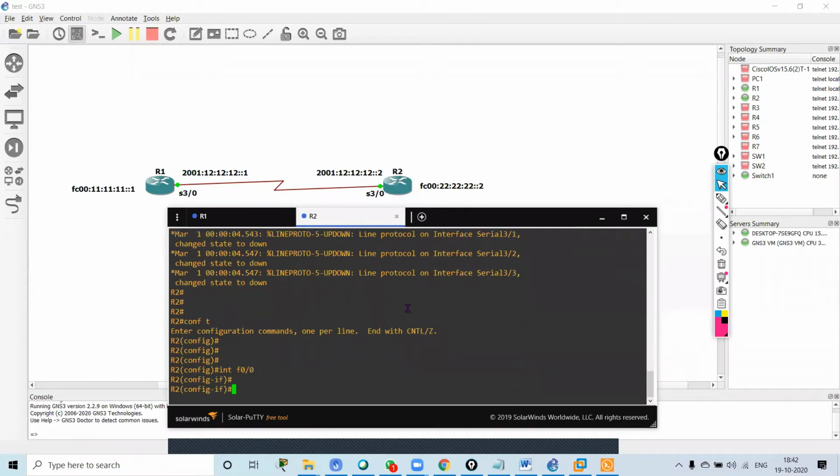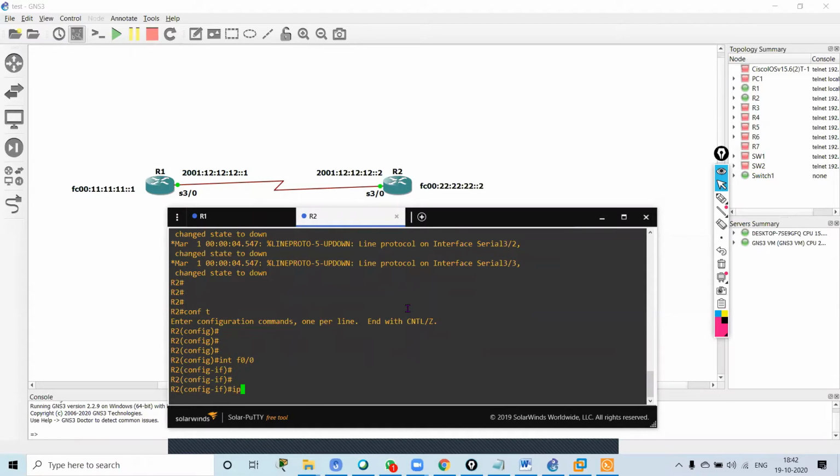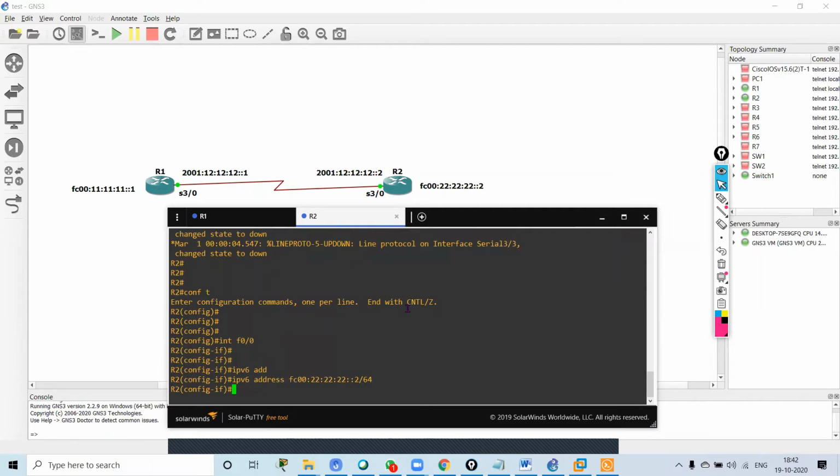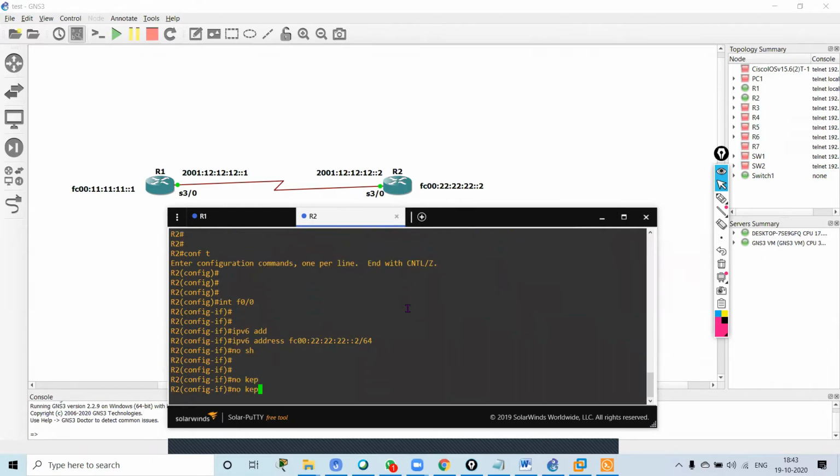In the same way on the R2 side also, IPv6 address FC00:22:22:22:2/64. Okay, no shut, no keepalive. No keepalive is for what?